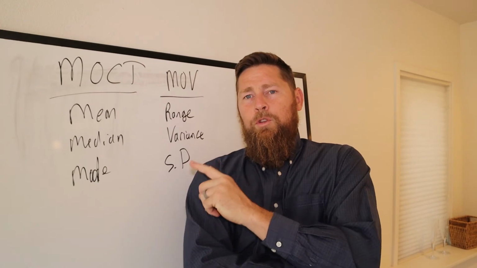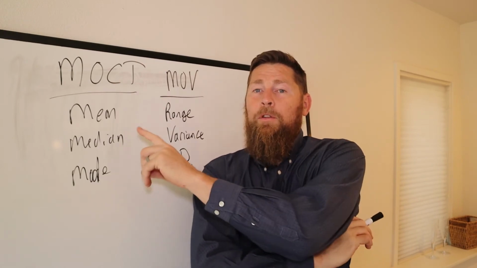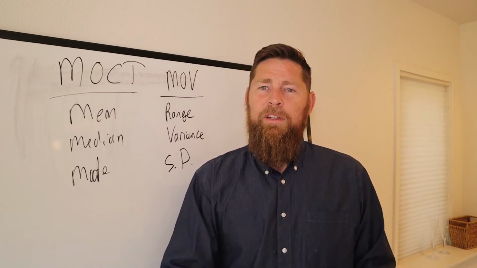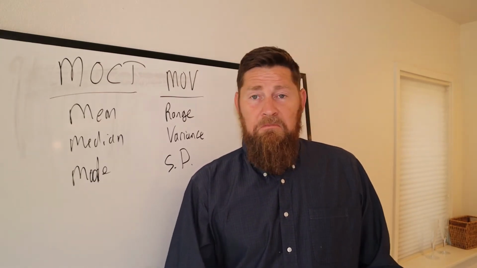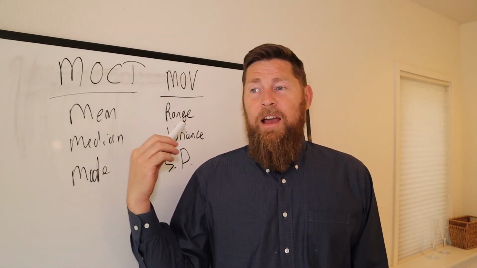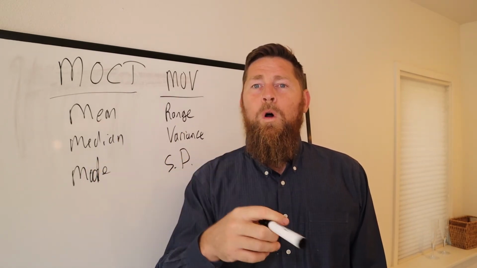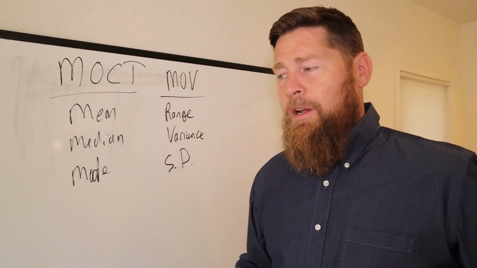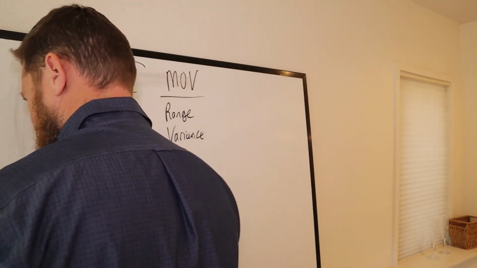These are just describing, okay, how do those scores vary from one another? How much movement do they have in the data? That's it. Descriptive statistics like these, they're not very helpful at determining what we should do as people to get different outcomes. That's where inferential statistics come in.